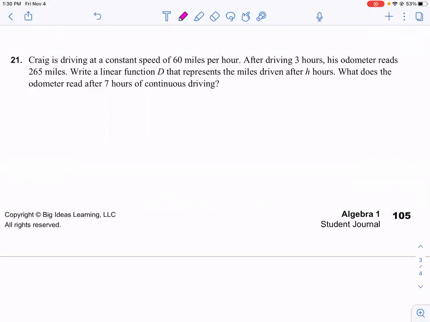You remember that whole conversation I had with the class? Odometer just counts the number of miles. Well, it's just continuous. Oh, so that's why.